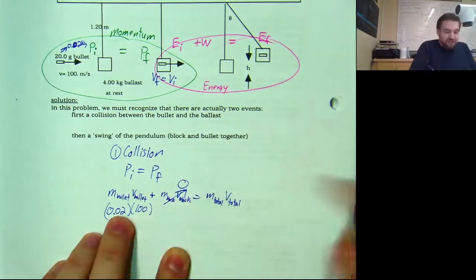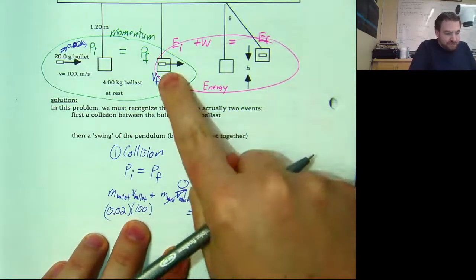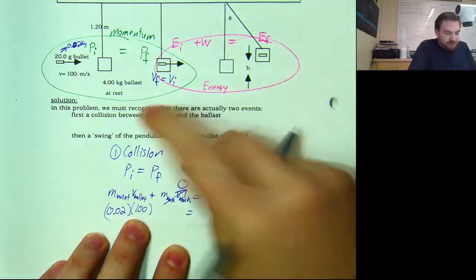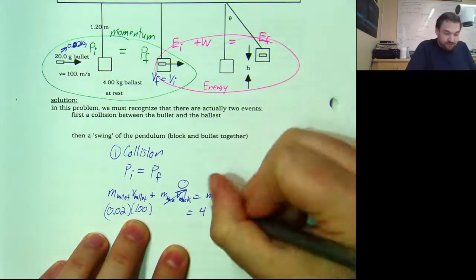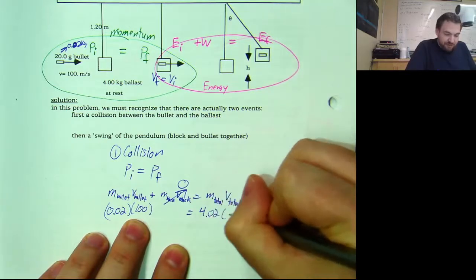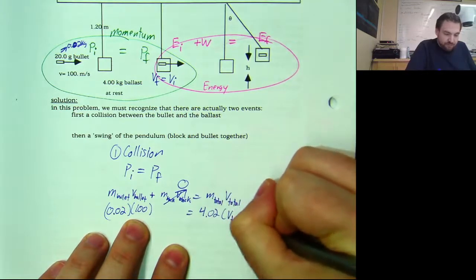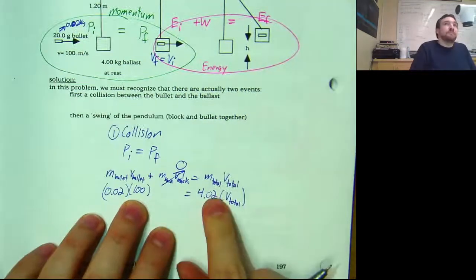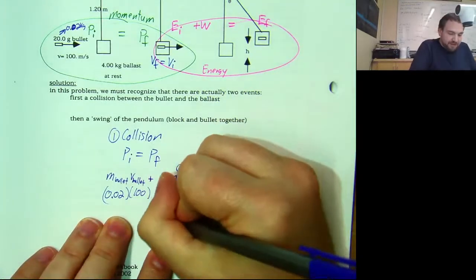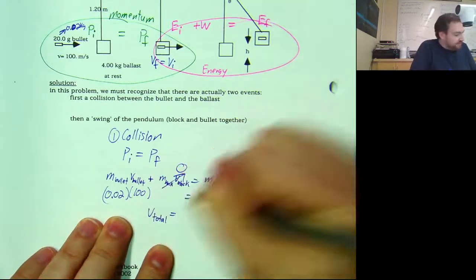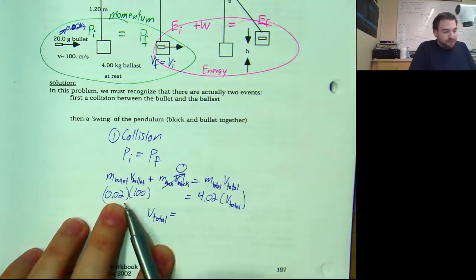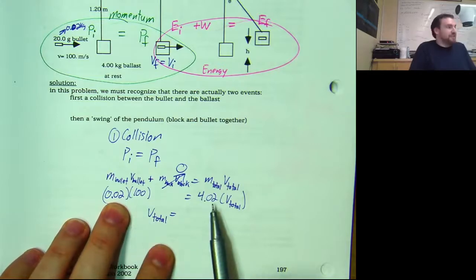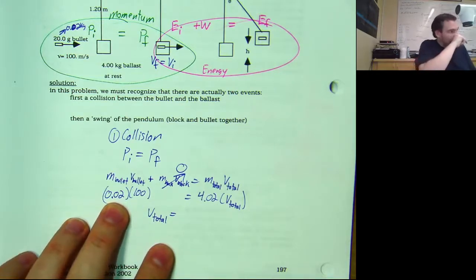So this is just going to equal the total mass, which is 4 plus 0.02, so 4.02 V total. So my velocity total, or the velocity of the combined object, is going to be 100 times 0.02 divided by 4.02, which is like a half-ish.